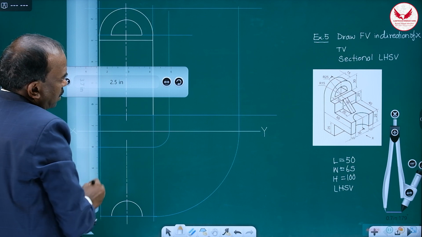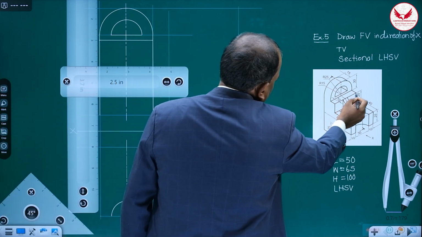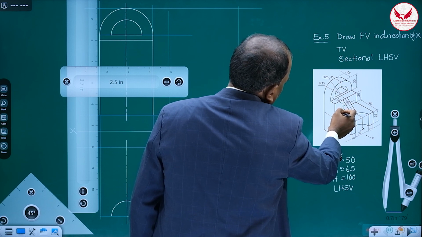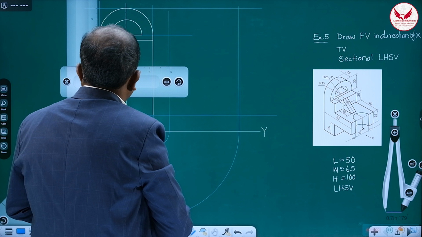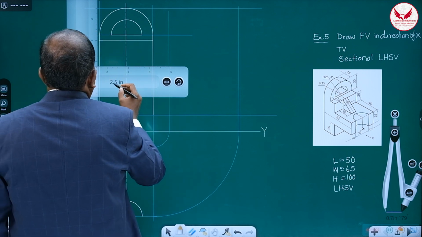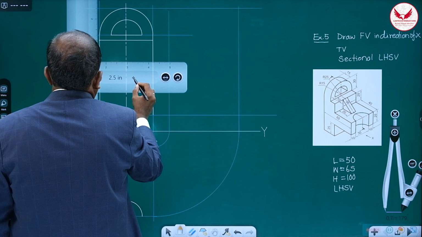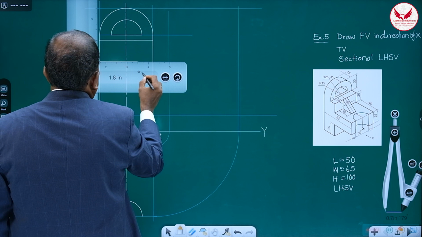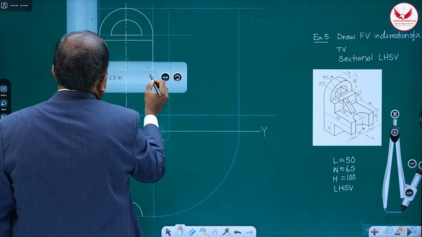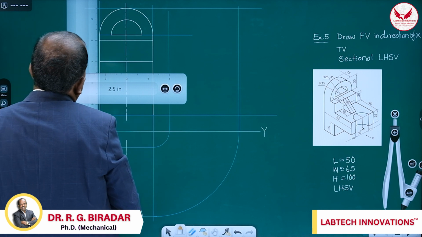Then afterwards, what is the next portion? This portion along with the rib. Before that I'll mark 20, and then we'll mark the rib. For marking 20 mm: 10, 20, it is 20. And in this, there is a rib. How can we mark this rib?